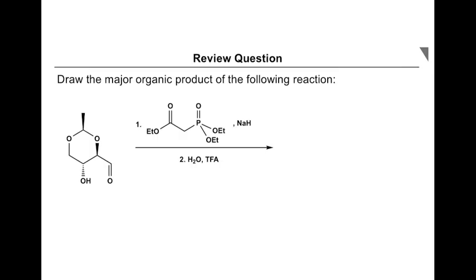Okay, so there's two different parts we're going to go through. Let's take the first one. We said carbanion will attack that center, and I'm going to draw that intermediate. Whenever you're doing this part, first thing we're going to do is redraw the molecule where nothing else has changed. So I am doing a reaction at the aldehyde center, which means the rest of this is coming along for the ride.